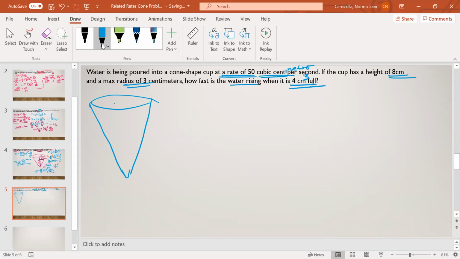And I know that the maximum radius is 3 centimeters. That's what it says, right? And it's 8 centimeters tall.